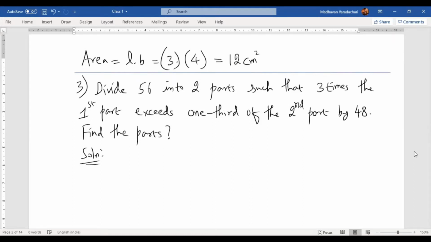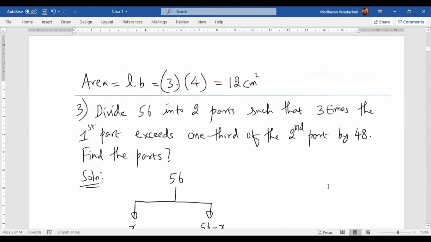So, what is the question? The question is 56 is divided into two parts. Suppose one part of 56 is x, then naturally the other part should be 56 minus x.